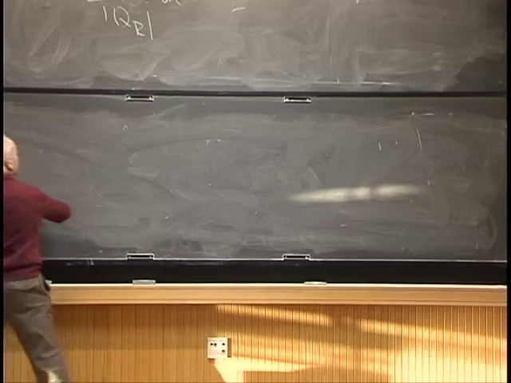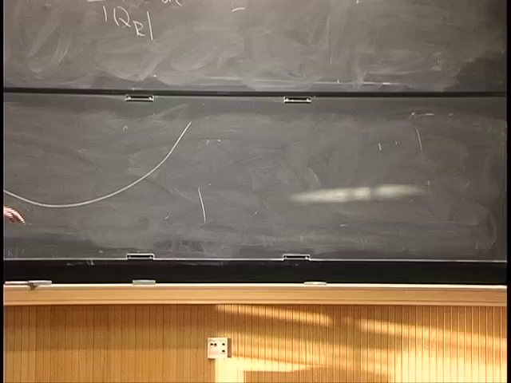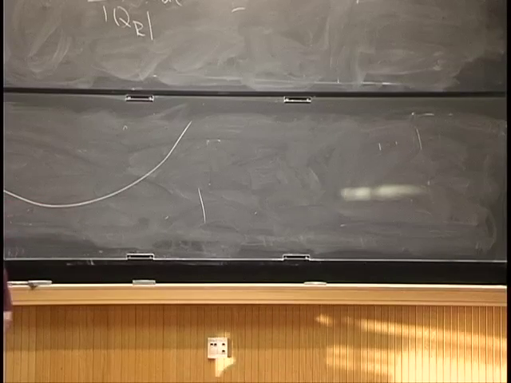You give me a polynomial p in a large domain, in a large cube QR. So now the scale of oscillation is of order 1.